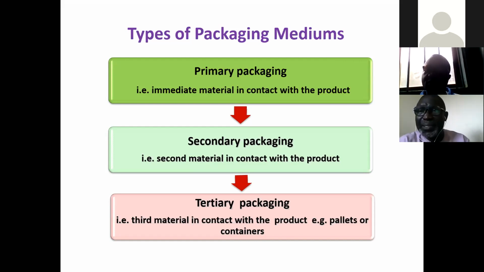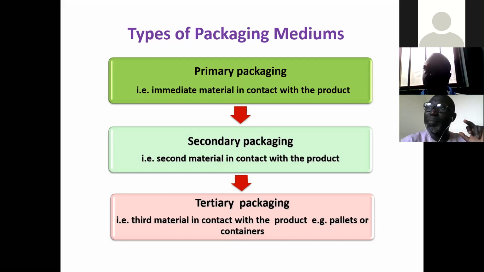This must be well taken care of. The other ones may be for shipment or logistics, but they also have their own impacts too. But the primary packaging material is what we need to lay more emphasis on, because at the end of the day, it protects or preserves our food over a period of time.